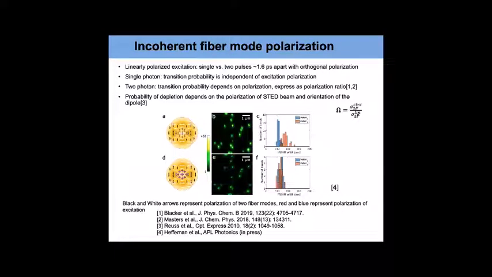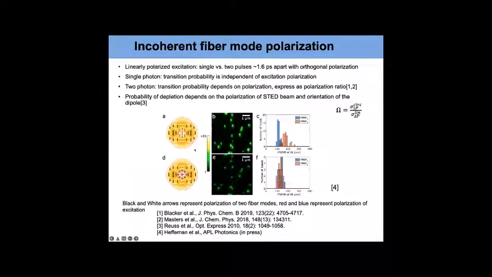On the top here, we were sending in light with one linearly polarized excitation. The donut beams had to be polarized this way: one mode polarized like this, the black arrows, and the other the white arrows.